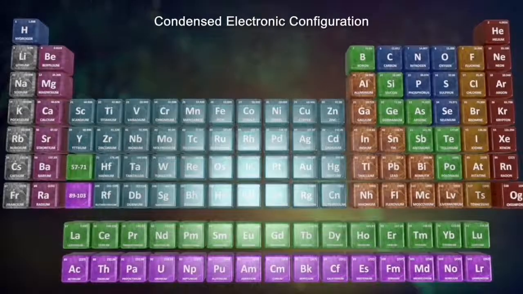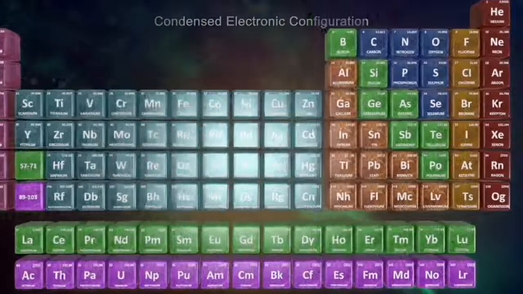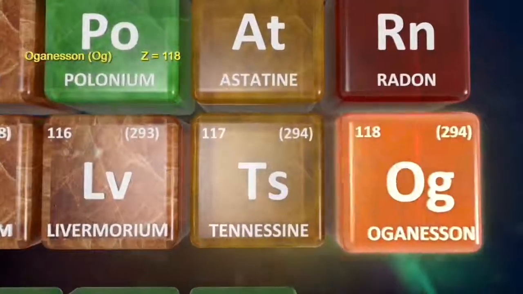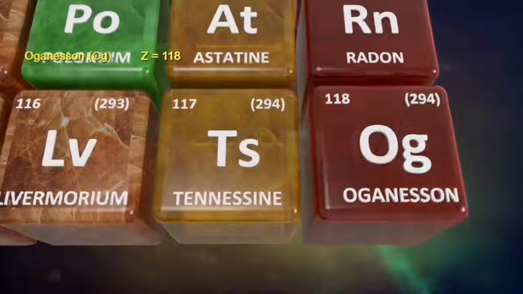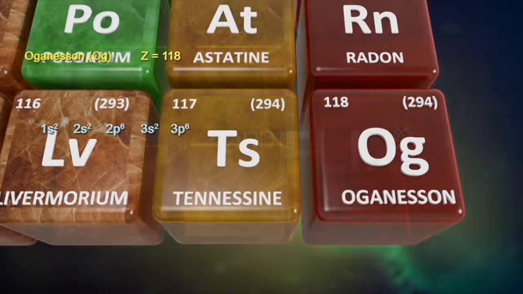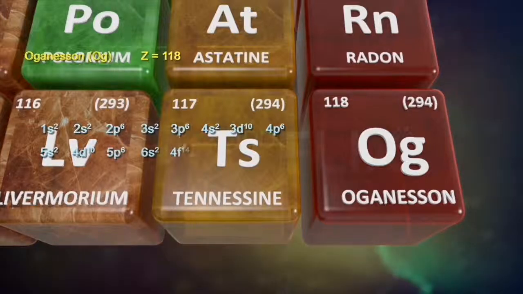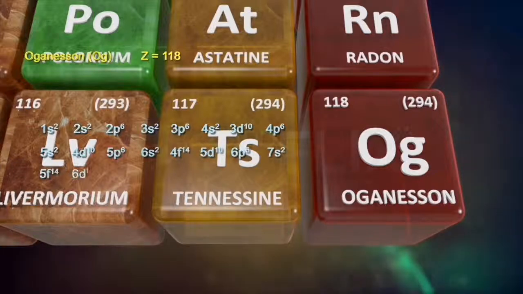For example, the electronic configuration of the element oganesson, which has the highest atomic number of Z equals 118, represented as Og in the periodic table, is 1s2, 2s2, 2p6, 3s2, 3p6, 4s2, 3d10, 4p6, 5s2, 4d10, 5p6, 6s2, 4f14, 5d10, 6p6, 7s2, 5f14, 6d10, 7p6.